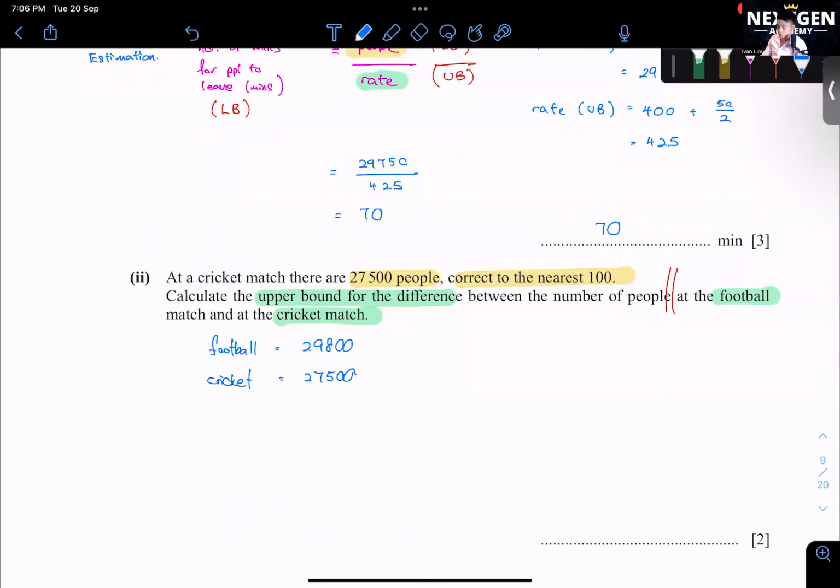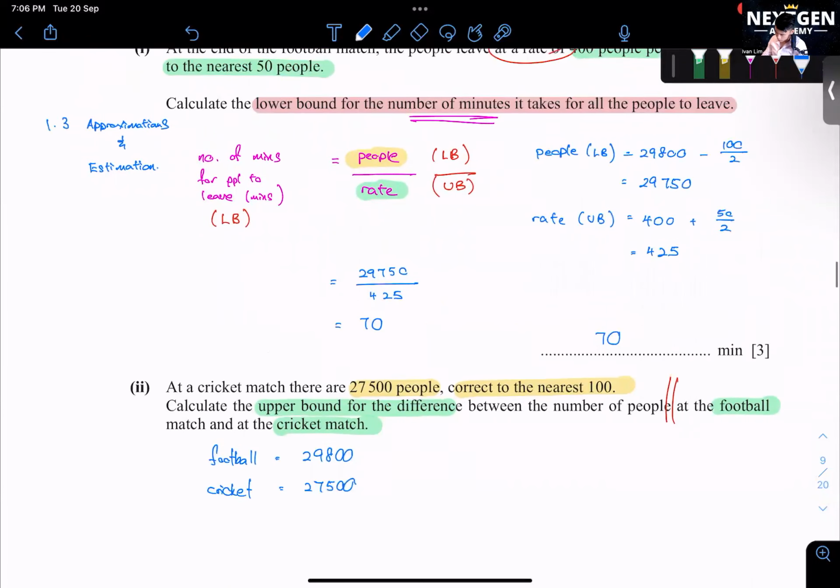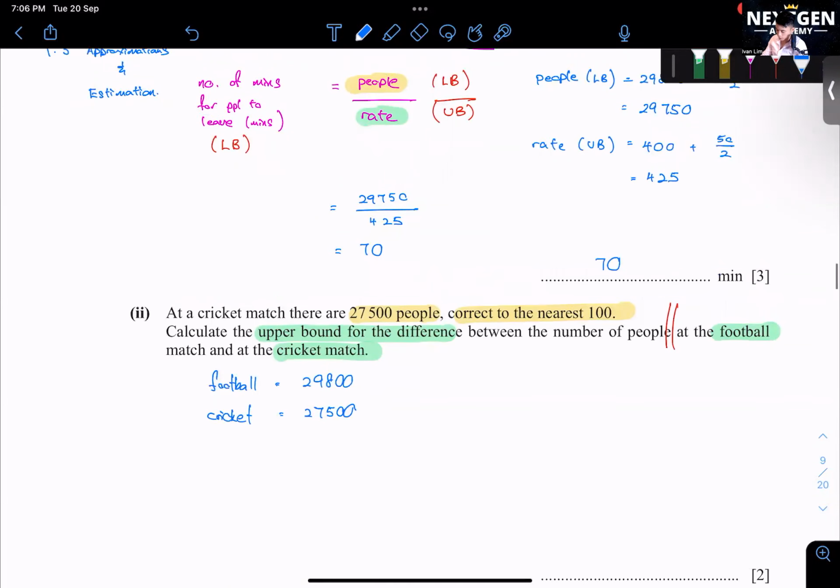You see here, both are also correct to the nearest 100, so plus minus 100. Difference means the bigger one minus the smaller one, right? I want to take the upper bound of the difference, so I take football minus cricket.